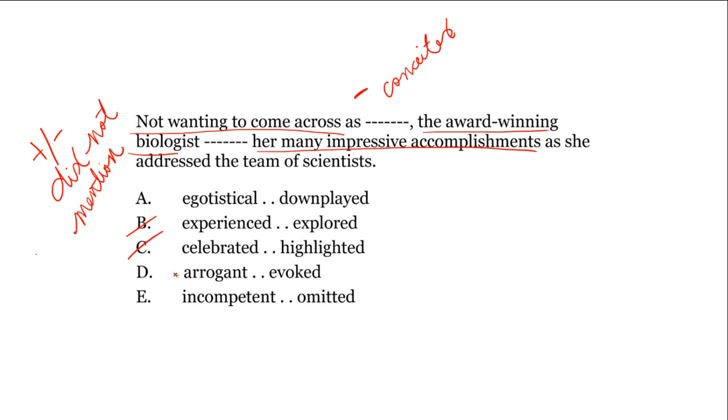Arrogant is like conceited. Incompetent is not like conceited. Now, I'm going to look at the column of words to the right and cross off the one that's not like did not mention. Downplayed is like did not mention. Evoked, which means to call up, is not like did not mention. The right answer choice is A.